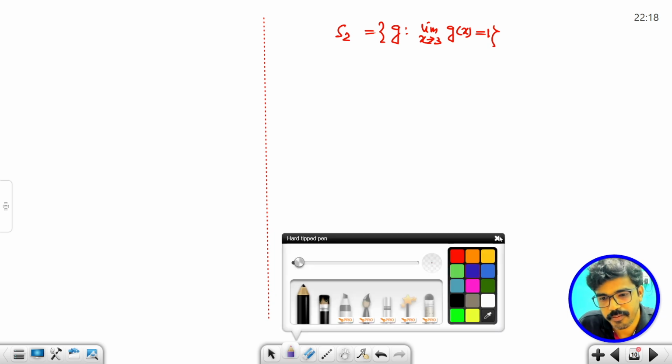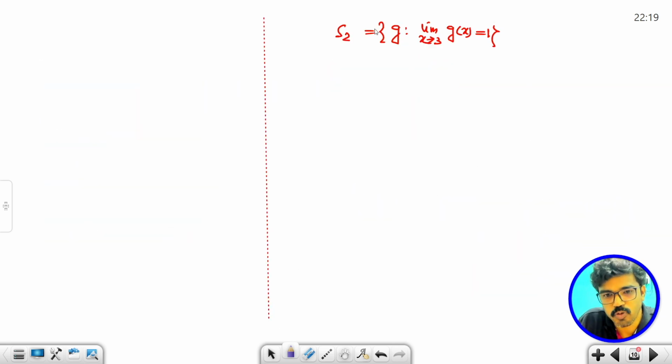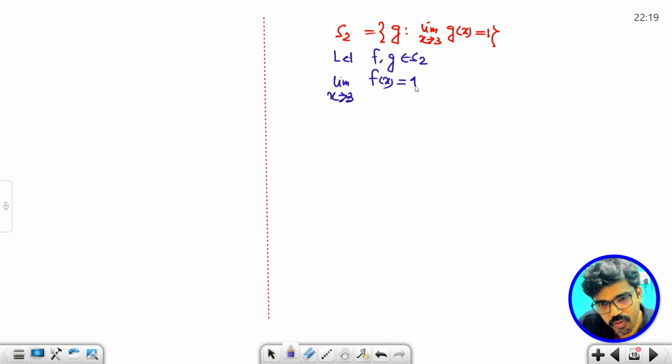If we consider two functions from the set S2, suppose f, g belong to S2, use the two-step test. Then f plus g must be an element of S2. So f belongs to S2, that means limit of f(x) is 1, limit of g(x) is also 1.